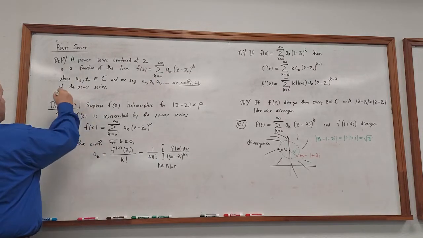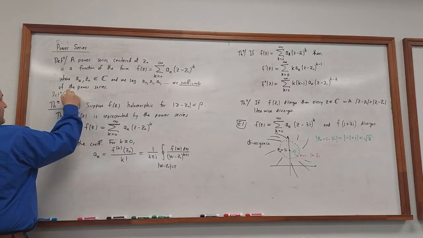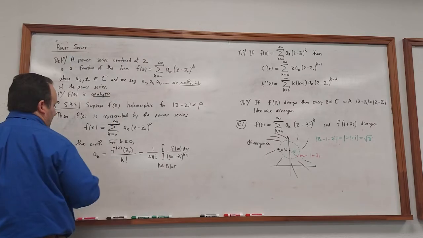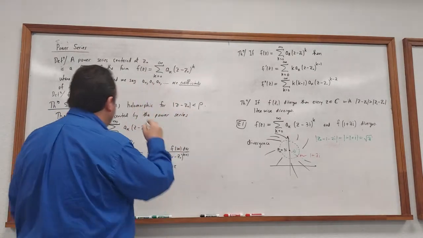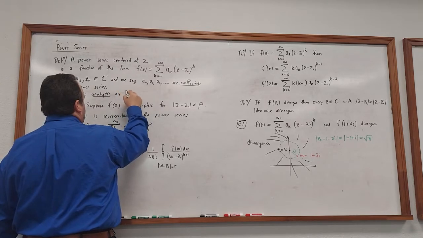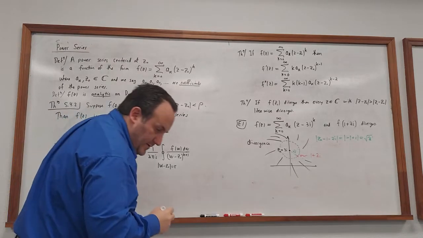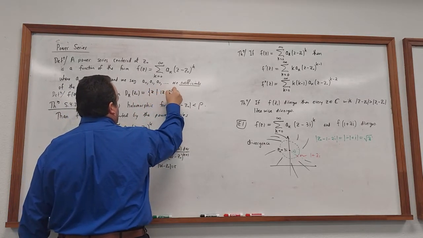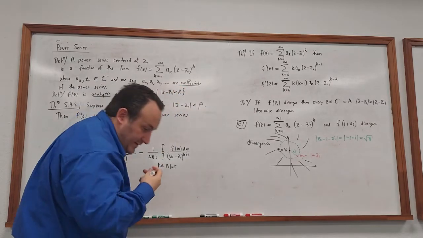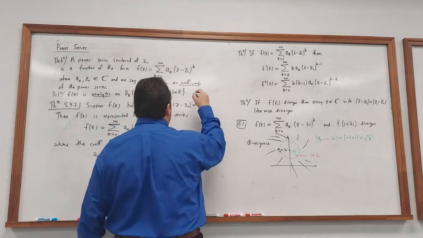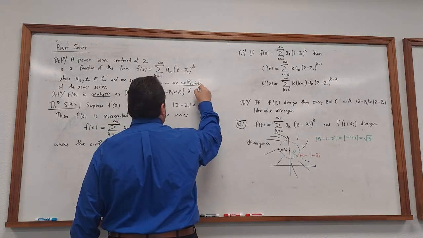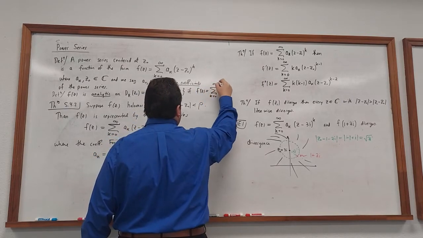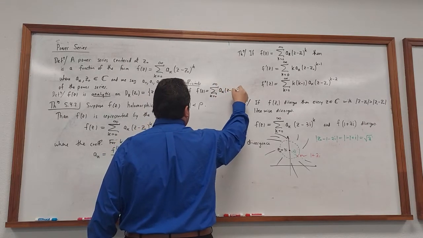Let me put the definition up here. f of z is analytic on the disk of radius r centered at z naught, which here is the open disk, so z such that the modulus of z minus z naught is less than r, if f of z is equal to the sum k equals 0 to infinity of a sub k times z minus z naught to the k on that disk.